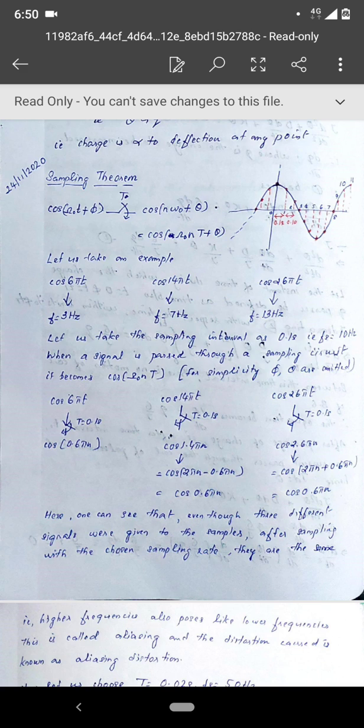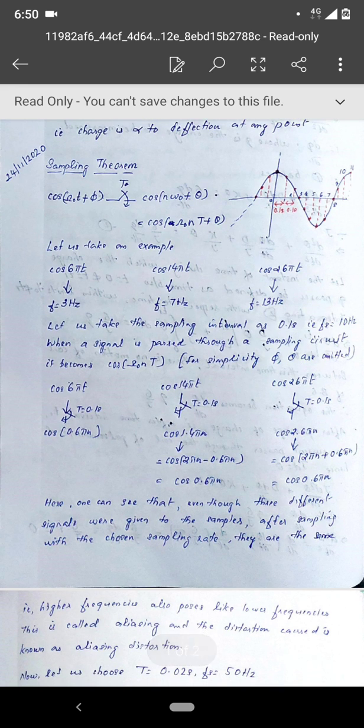At n equal to 0, that is a maximum value. Then after 0.1 seconds, assuming for instance the sampling interval as 0.1 seconds, at n equal to 1 you get another value which is less than the maximum value. Then after 0.1 seconds, at n equal to 2, you take the next value. Likewise it goes, at n equal to 3, 4, 5, 6, 7, 8, 9, 10, 11.